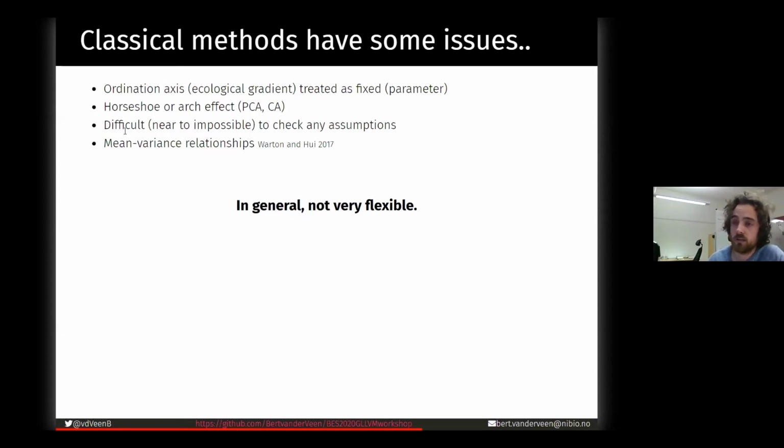The downside is that these methods have assumptions that are very difficult or nearly impossible to check. And David Warton and friends published a paper indicating that not all ordination methods properly account for the properties of our data. So in general, these methods are not very flexible.